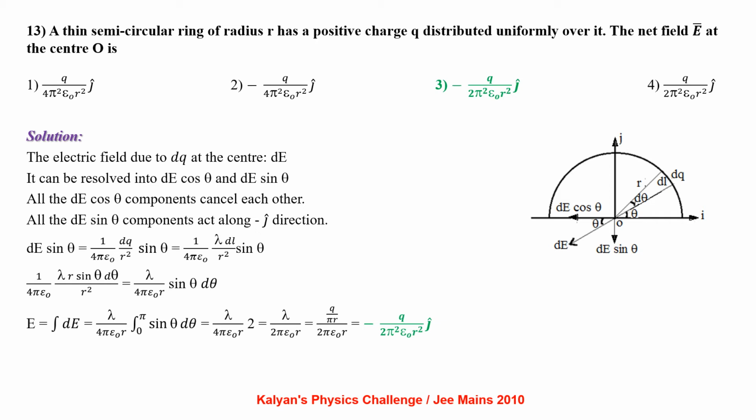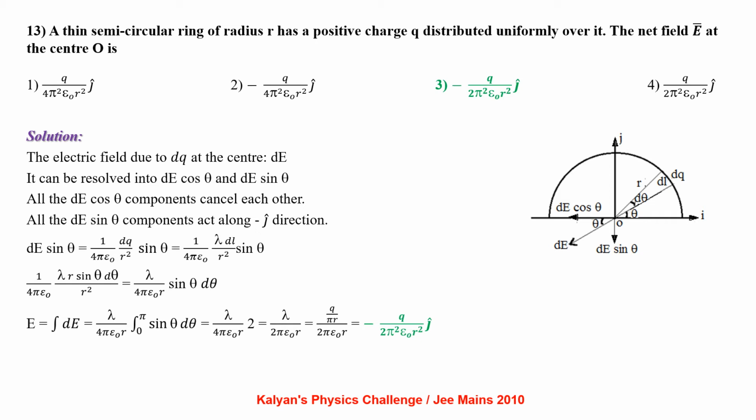So that is creating the electric field. Again, if you take the components, we see all dE cos theta components will cancel each other and all dE sin theta components will be acting downwards, that is along negative j cap.